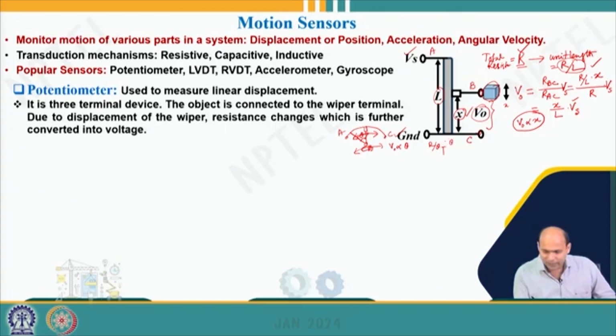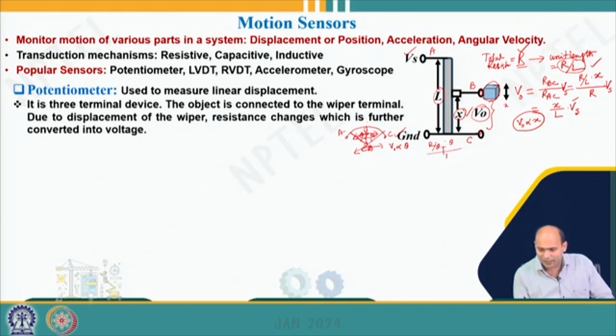R by theta t. Then if I have some displacement theta, R by theta t multiplied by theta will be my resistance across this B and C. So suppose this one is your theta, then my RBC will be simply R by theta t into theta, is not it?